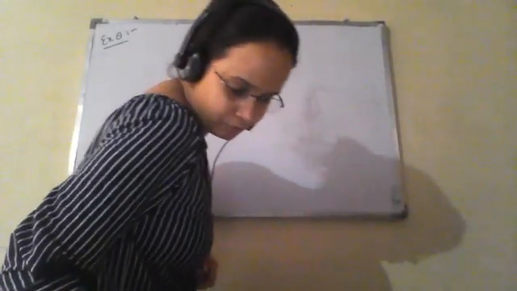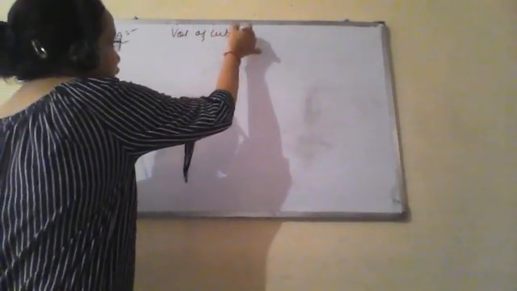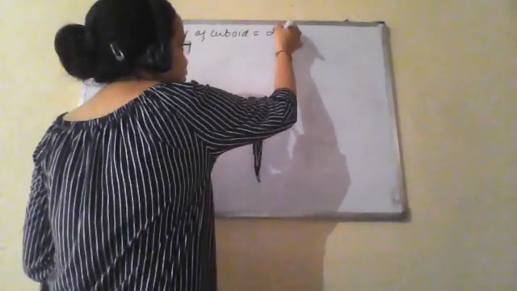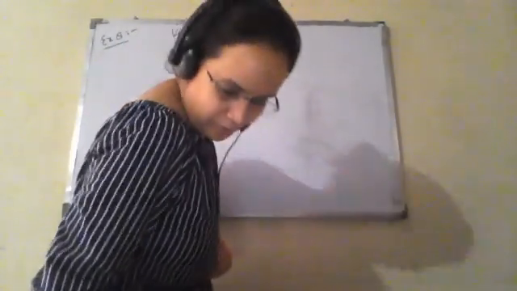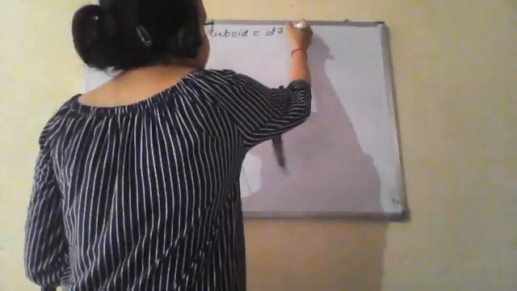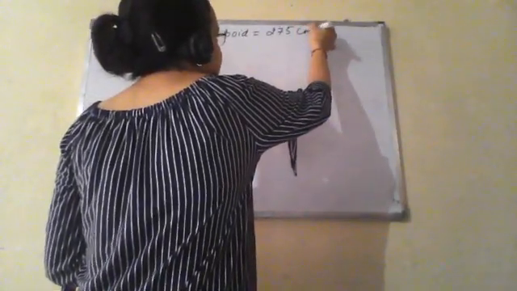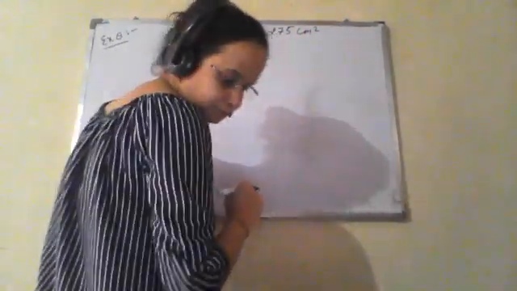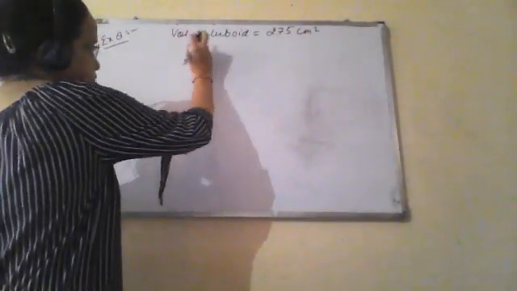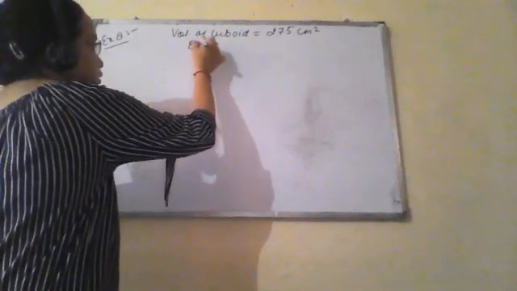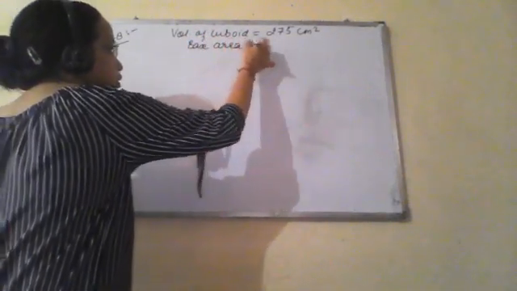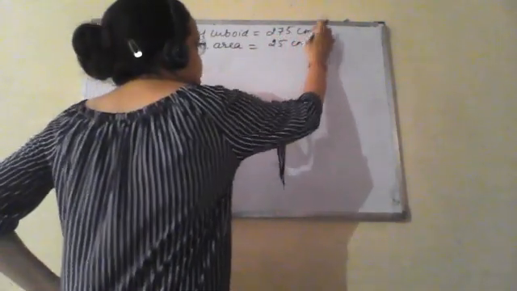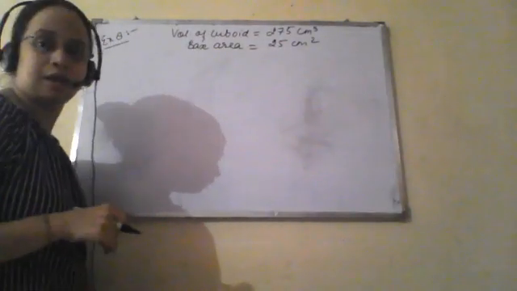So we have given the volume of the cuboid, that is 275 centimeter cube, and the base area is 25 centimeter square. Now we have to calculate the height of the cuboid.